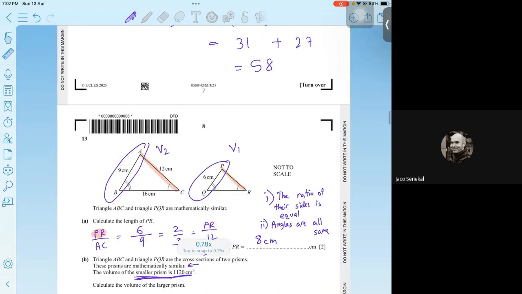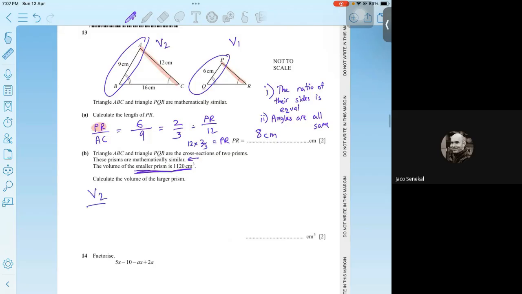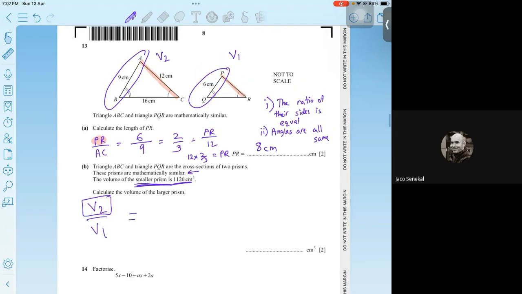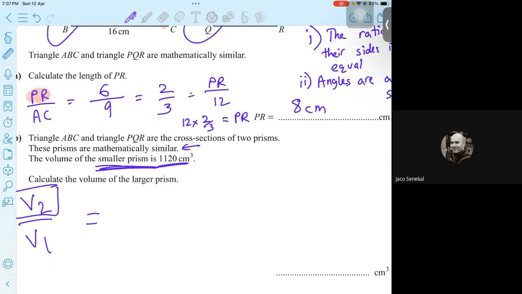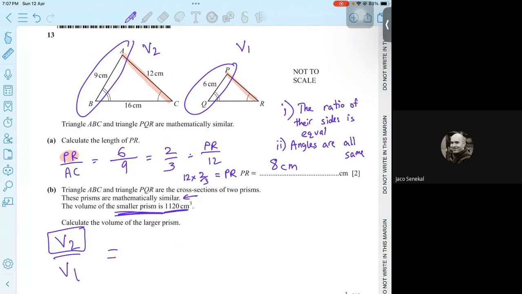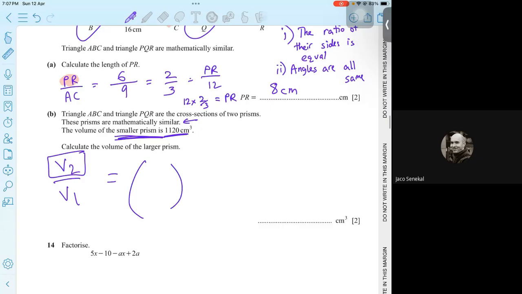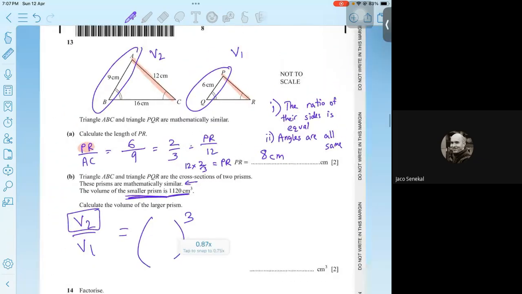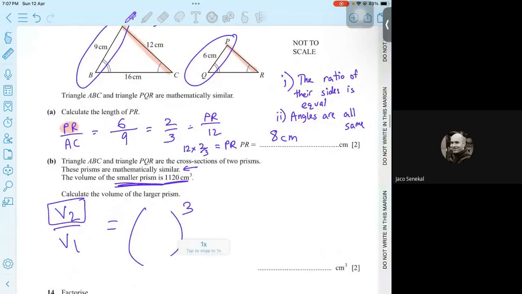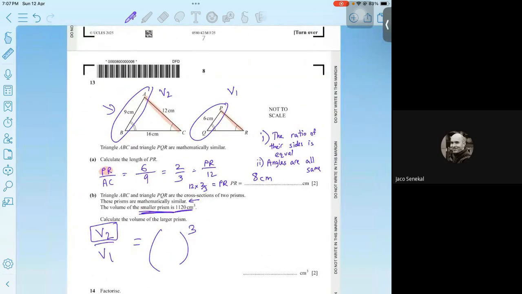So V2 over V1, basically comparing the volume of the bigger prism over the volume of the smaller prism, is equal to the ratio of their sides whole cubed. Does that make sense? Let's say the sides we have been given: for V2, let's pick this side, and for V1, let's pick this side. So this is 9 over 6. Are you all with me?